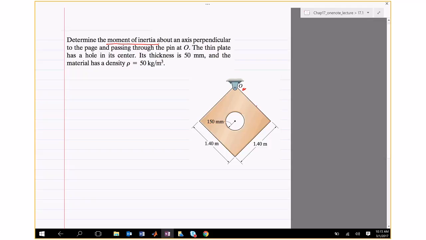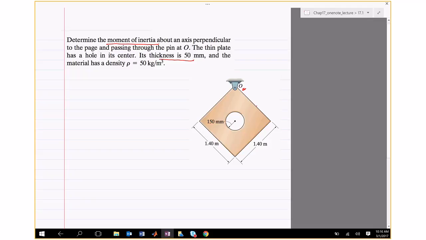Its thickness is 50 millimeters, so thickness is into the page. And the material has a density of rho equals 50 kilograms per meter cubed. When they say inertia about O passing through, it means that the axis passes through O, but it's sticking out of the page of the paper.